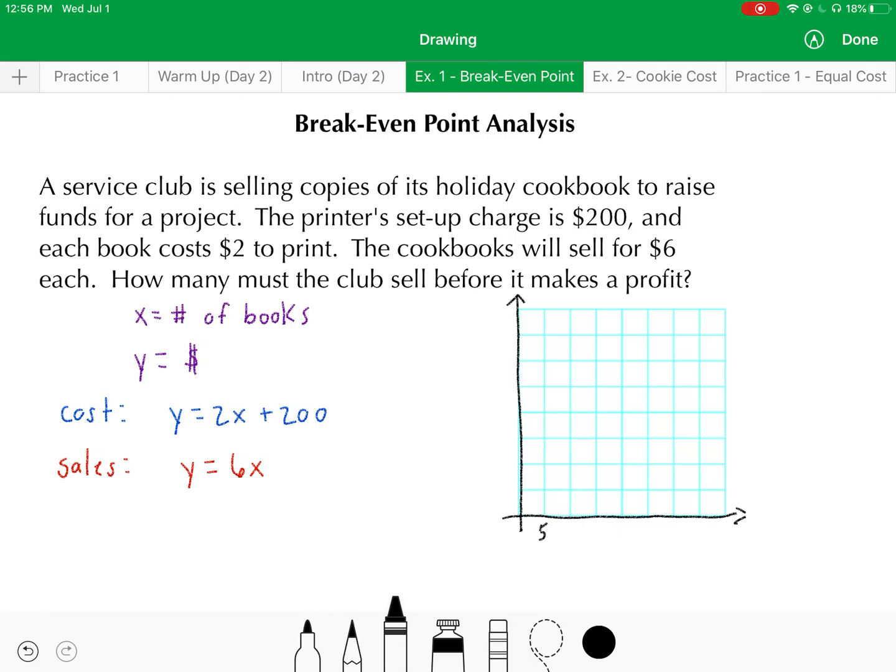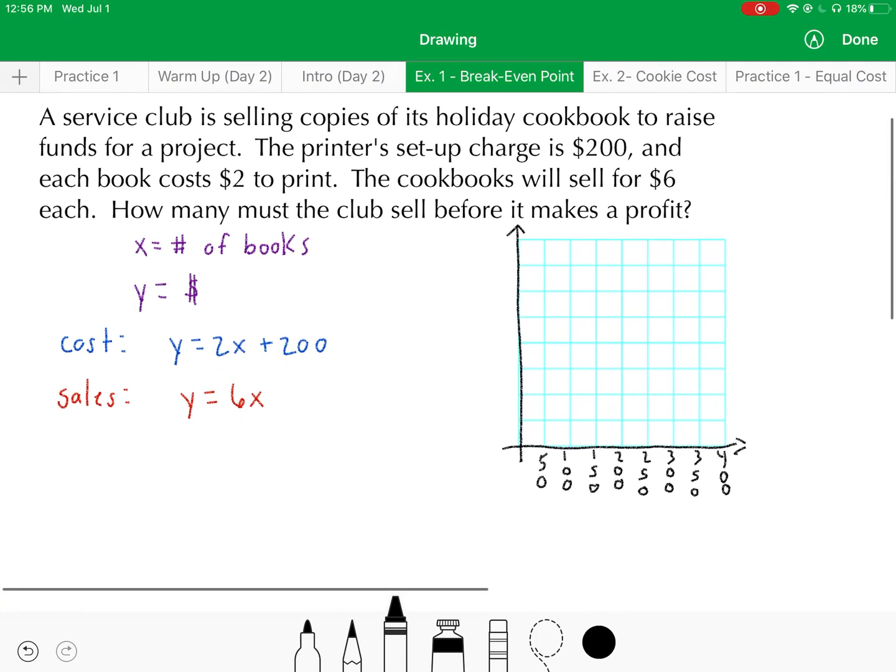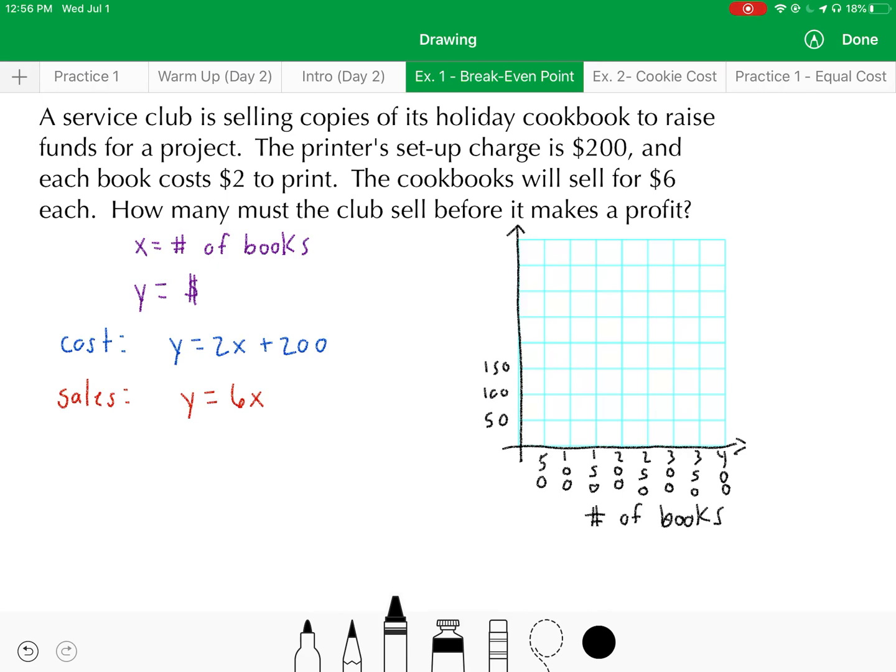So my X axis is labeled by 50s, and this is representing the number of books. So we would definitely want to label. And then same thing for the units on the y-axis. This is representing your money.